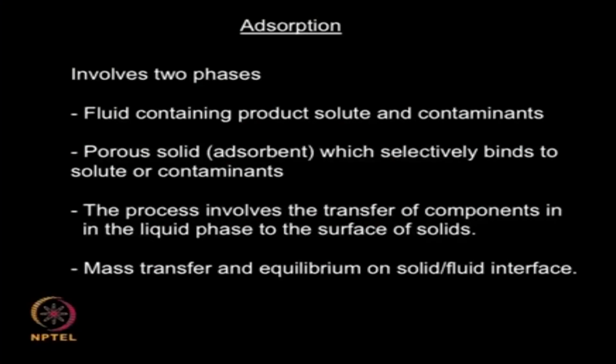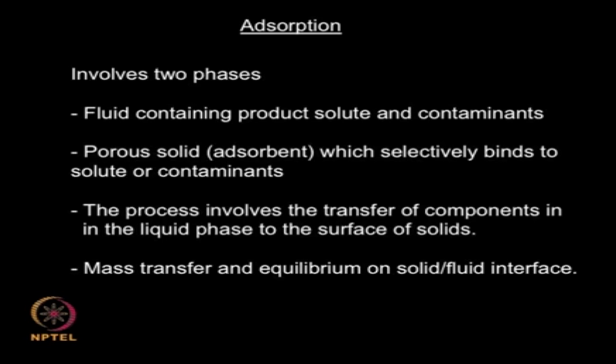So each solid has certain capacity beyond which it cannot adsorb the contaminant or the solute, number 1, and number 2, the mass transfer determines the rate of adsorption. So the mass transfer determines how fast or how slow the adsorption process is, and the equilibrium concentration determines how much I can adsorb.